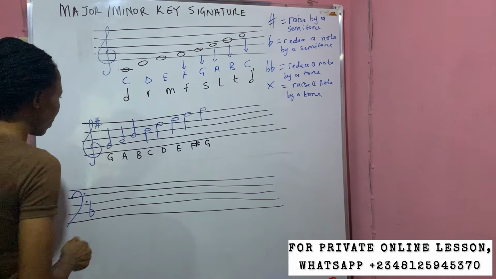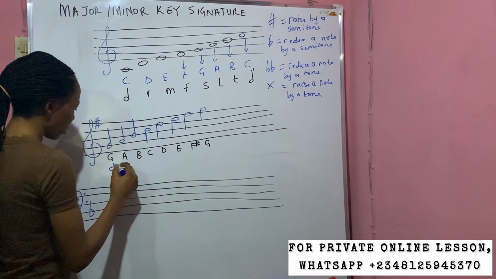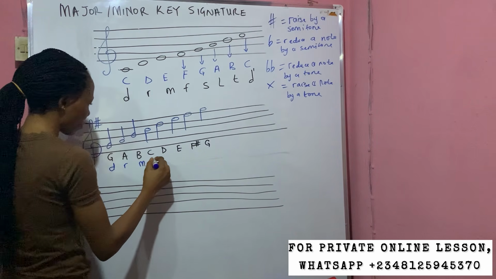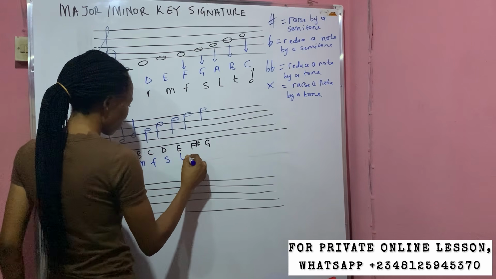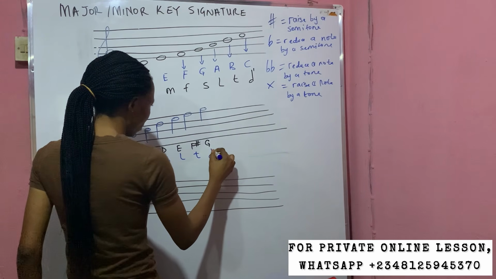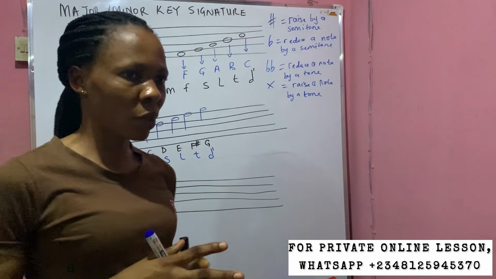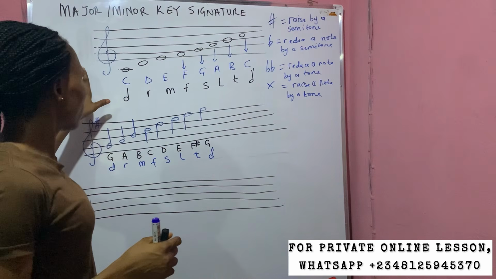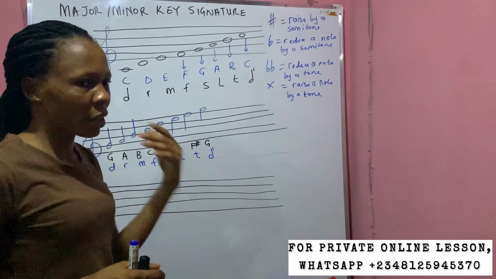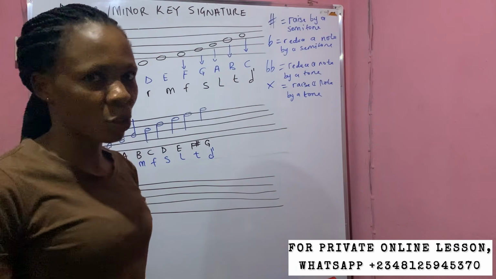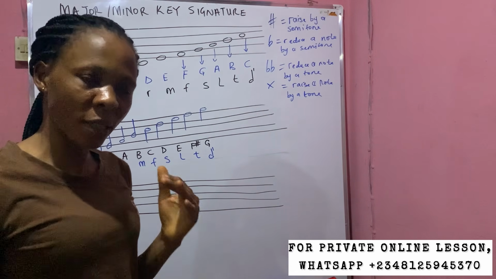I hope you're getting something. I want to see, because if you don't understand the major keys, minor keys are going to give us stress. Please, this is why I'm taking it step by step.